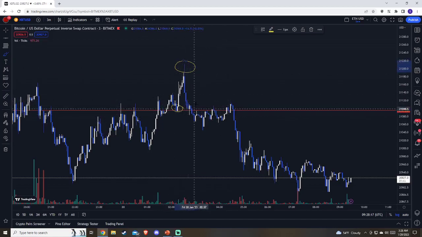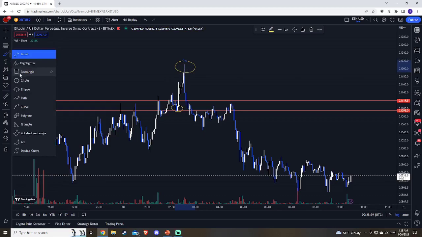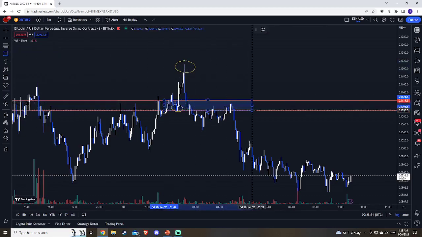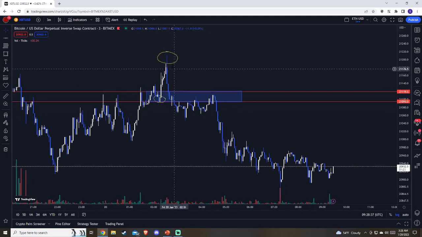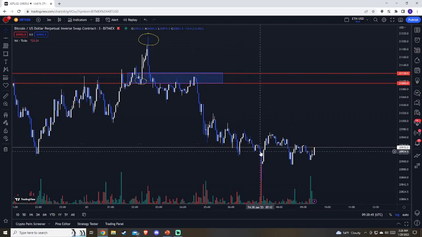There aren't specific exact lines, but basically the low that created the high, if you take that candle, is your range. This is what we would identify as the support that created this resistance here. As we can see in this local price action, it ended up flipping and using this support as a resistance for the price breakdown.